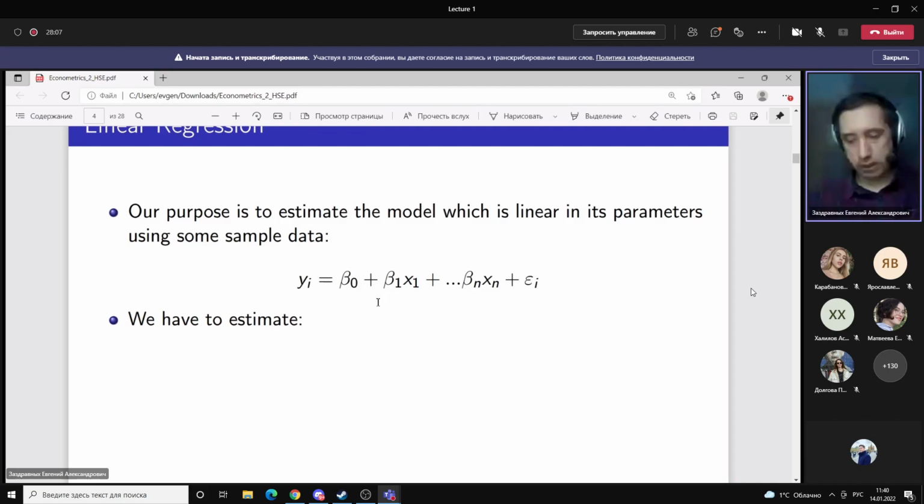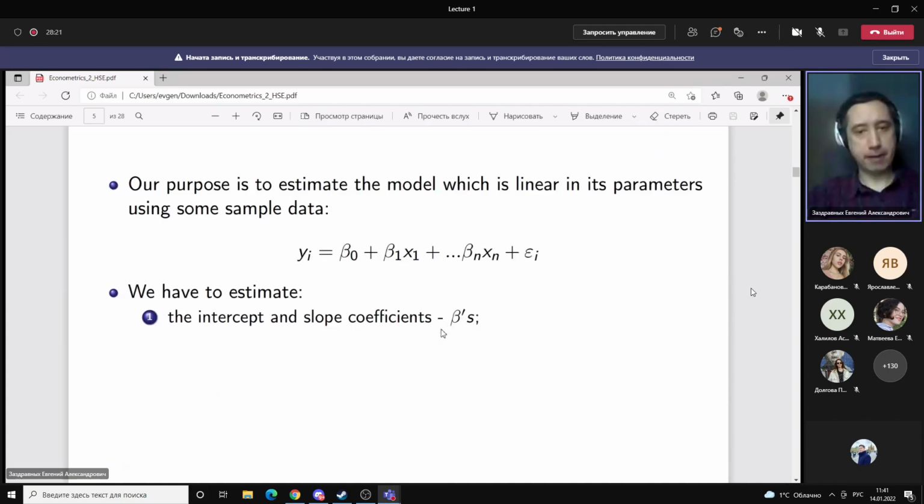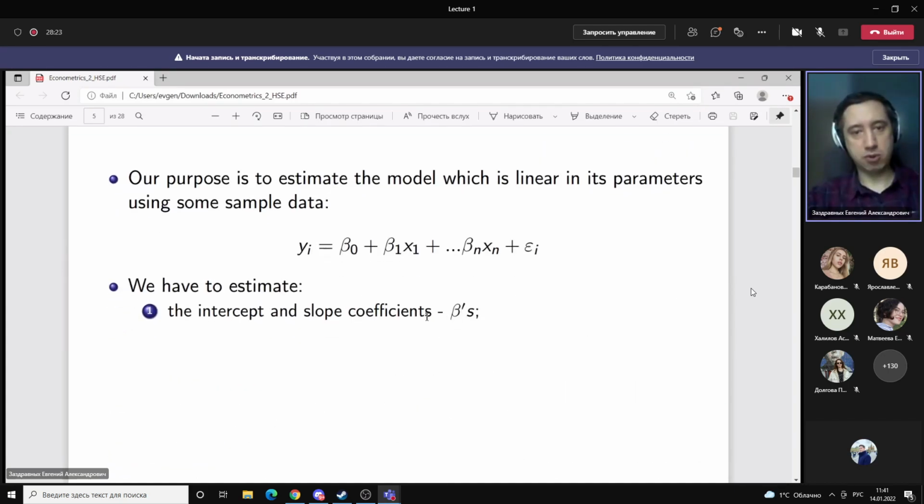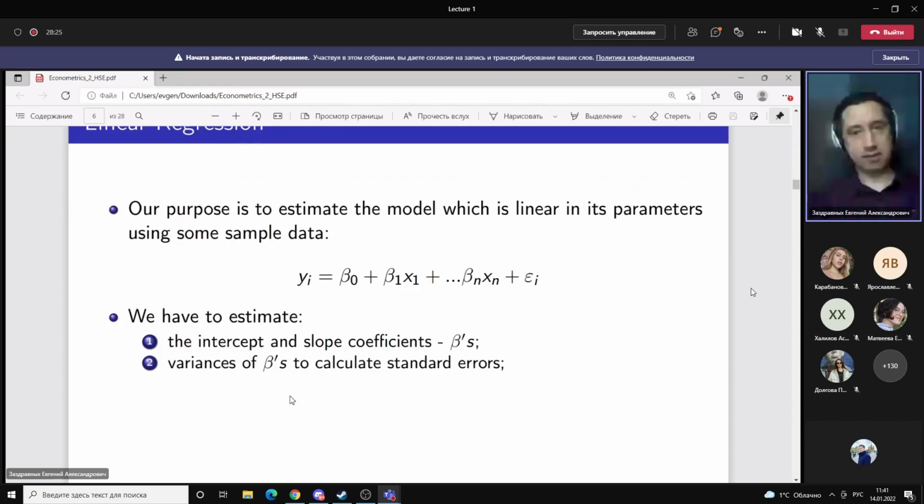But how can we check whether our results indeed are the same, or maybe they are different? How to check whether our beta is a precise measure of the relationship between x and y? To do this, in addition to betas, we should estimate variances of betas, like variance when we work with sample averages.